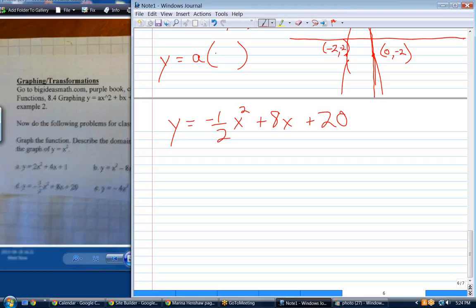A times x minus h squared plus k. You want to start out every problem with that. So try to memorize it. You're not going to be able to look it up every time. You've got to memorize that.